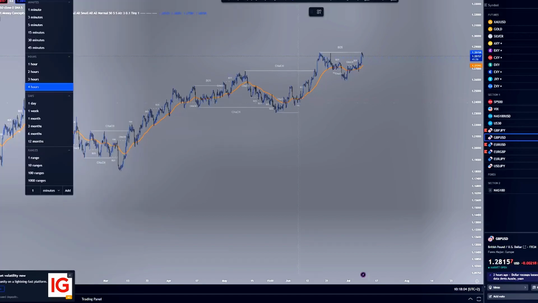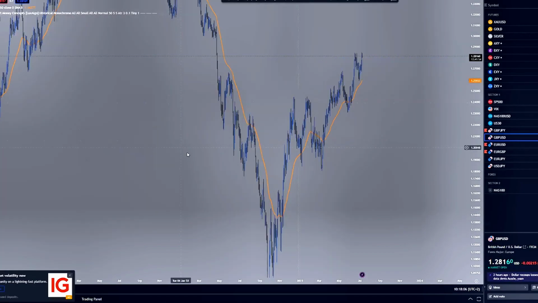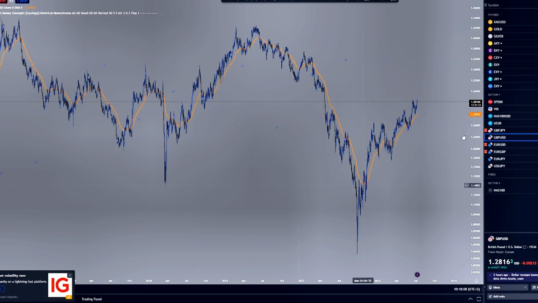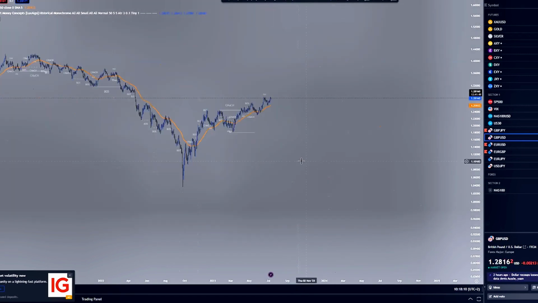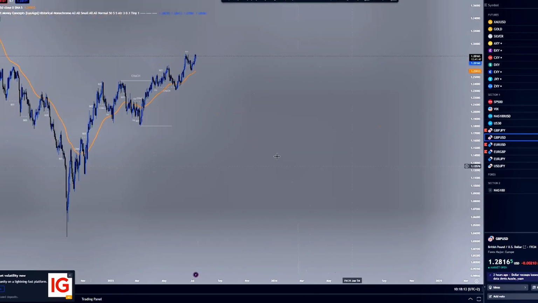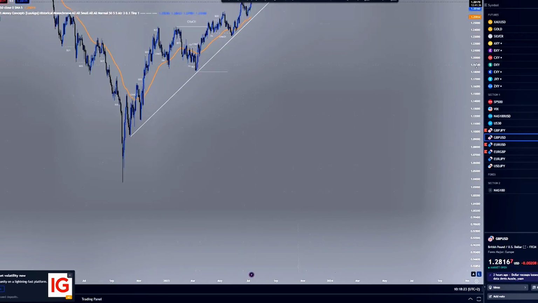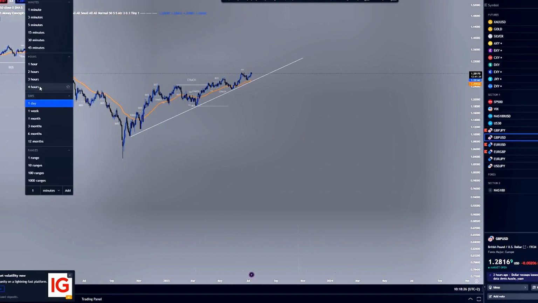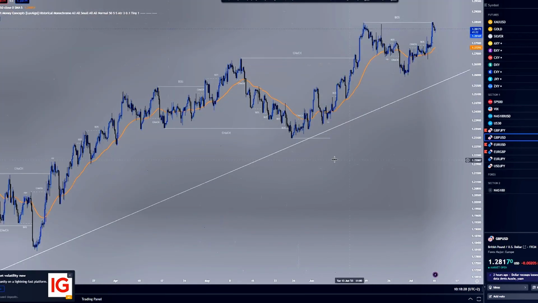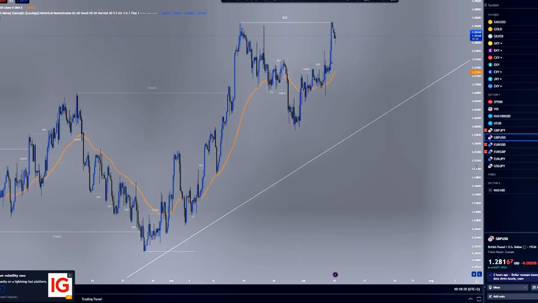So let's do it like this, GBPUSD. Because we're in an uptrending market, that's 100% sure. Let's take the daily, then we go on the 4-hourly.